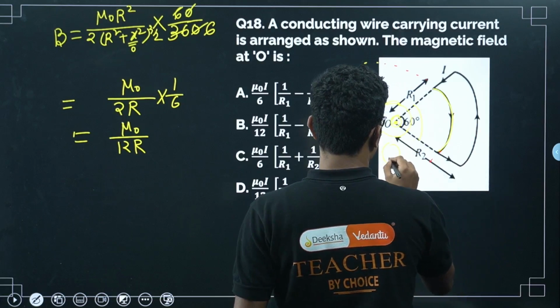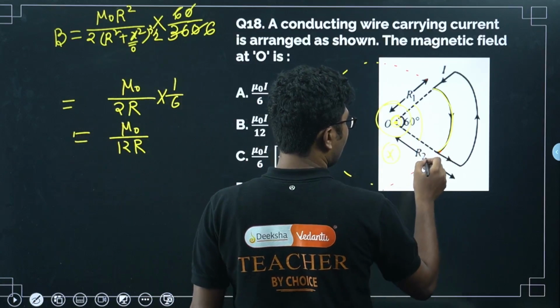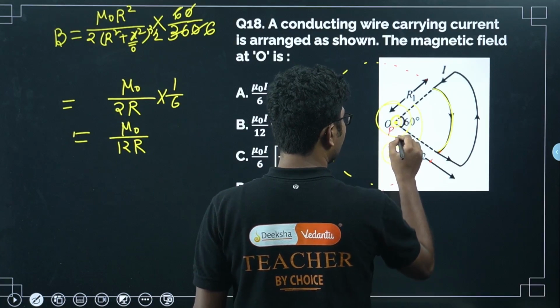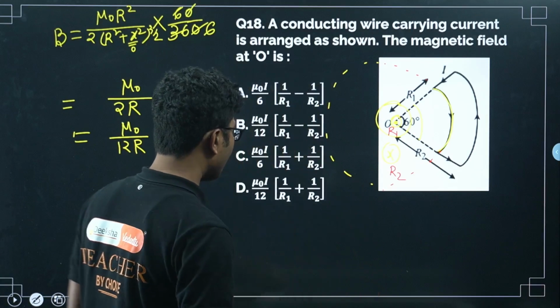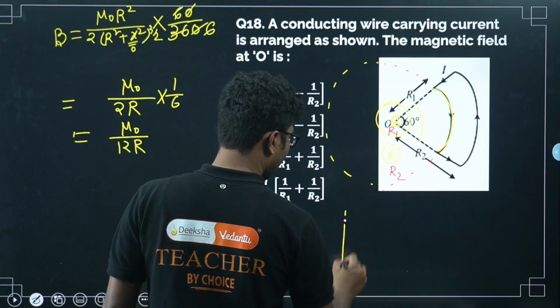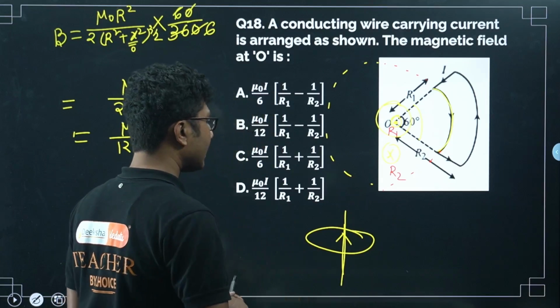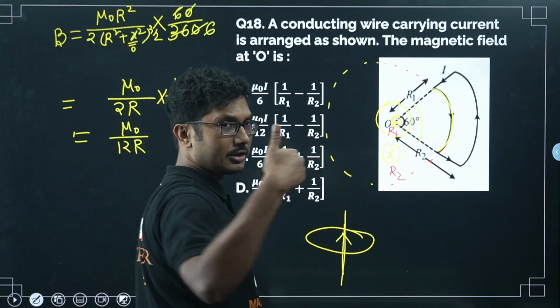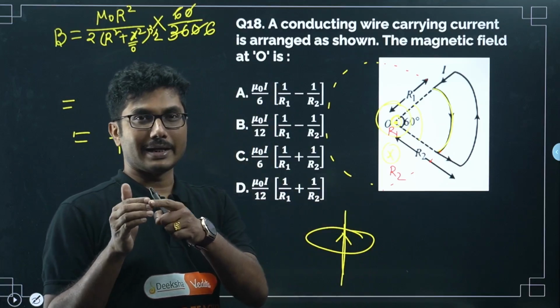So for R1 it is into the paper, for R2 it is out of the paper. I told you how we can find the direction of magnetic field for a straight wire carrying current. The magnetic field lines will be circular in nature. If the current is flowing along the direction of your thumb, then your fingers will point towards the magnetic field.